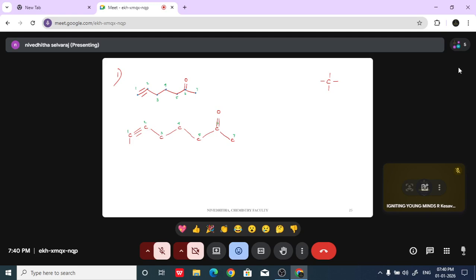How about the second carbon? Around the second carbon, how many chemical bonds do we have? One, two, three, four. Already four bonds are there, so the valency of carbon is satisfied. How about the third carbon? We have one bond on the left side and one bond on the right side. So how many bonds do we have to add? Very good, one and two. For the fourth carbon, we have one bond on the left and one on the right.